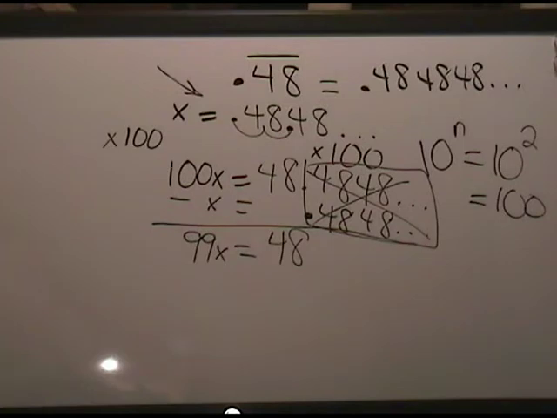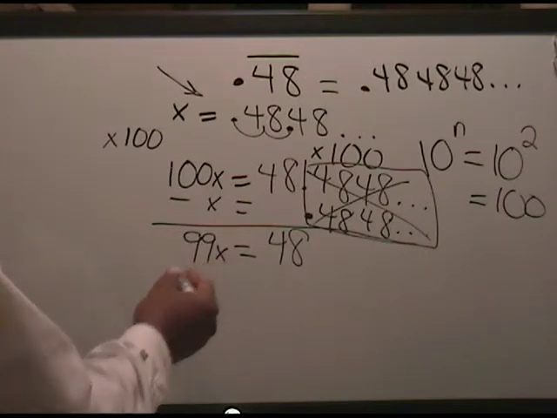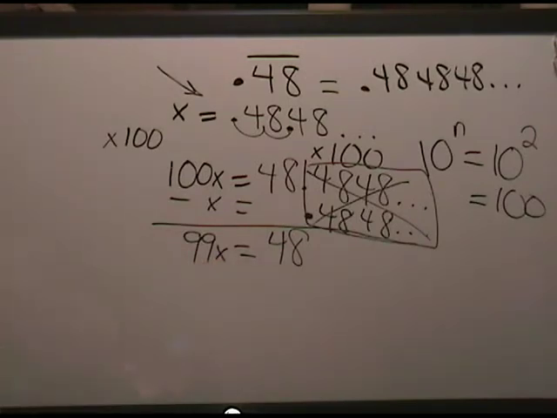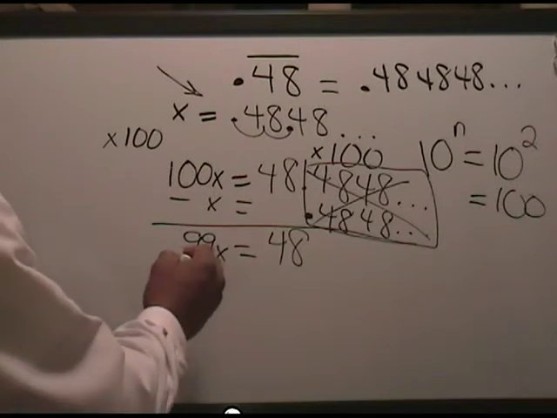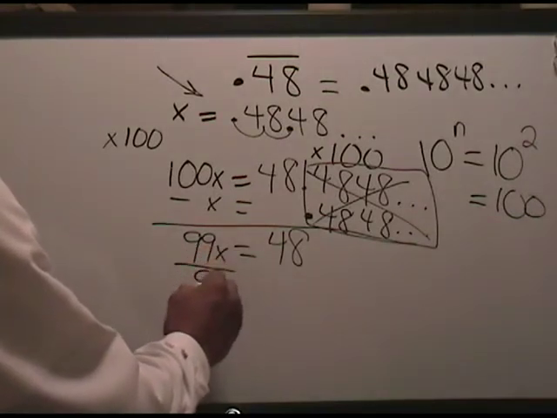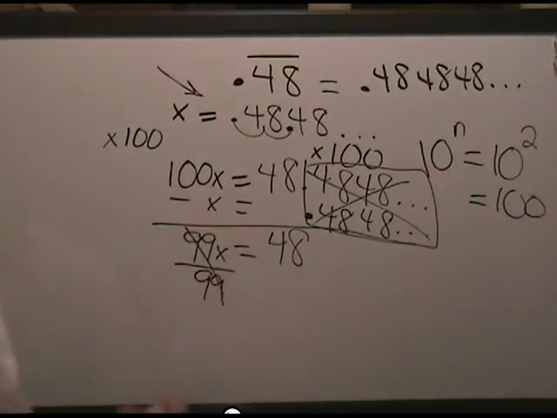All we simply do at this point is solve for x. Since this x is connected to this 99 by multiplication, we will have to do the inverse operation of multiplication, which is division. So we're going to divide by 99 to isolate that x on the left side of the equation.